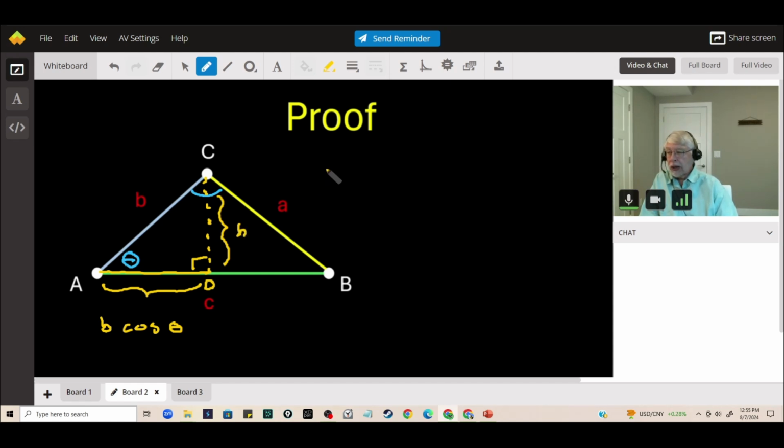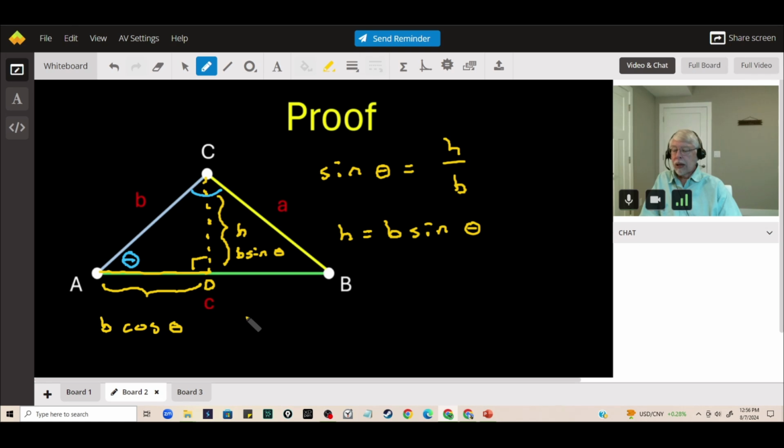Now we know that the sine of A, or the sine of theta, is equal to the opposite side h over B, or we just say that h is equal to B sine theta. So that's right here, B sine theta. Now, how would I find the distance between D and B?